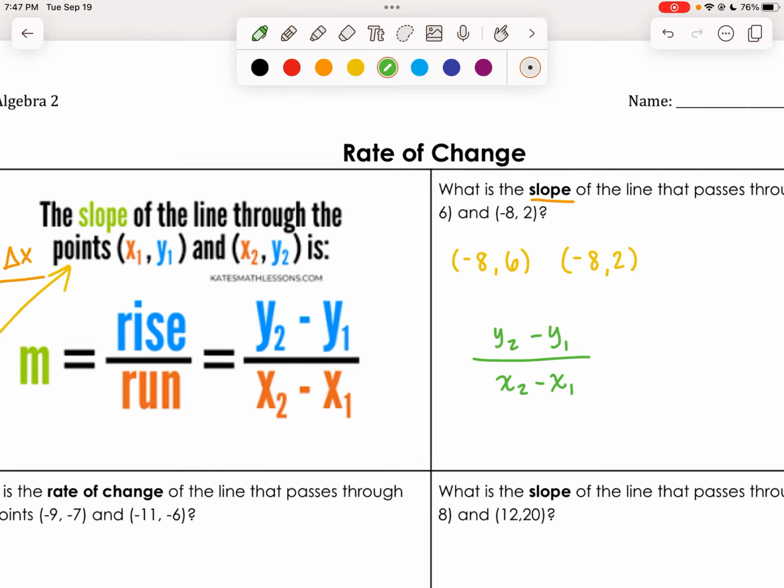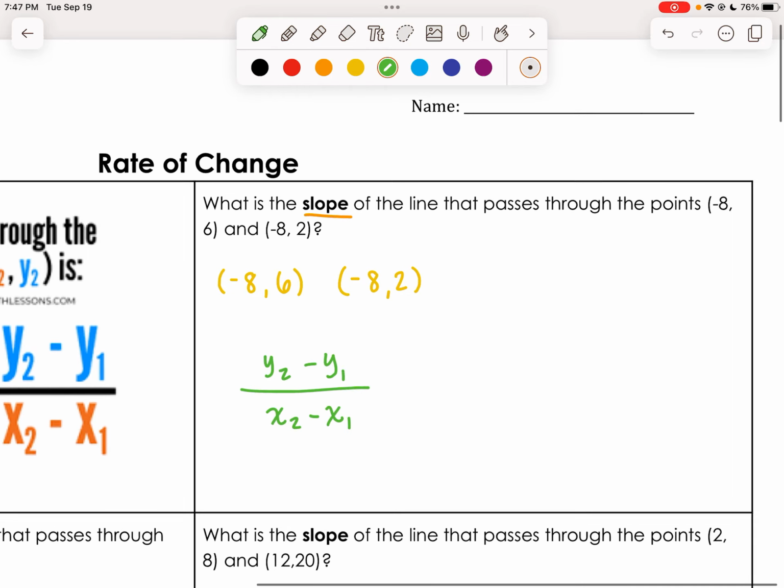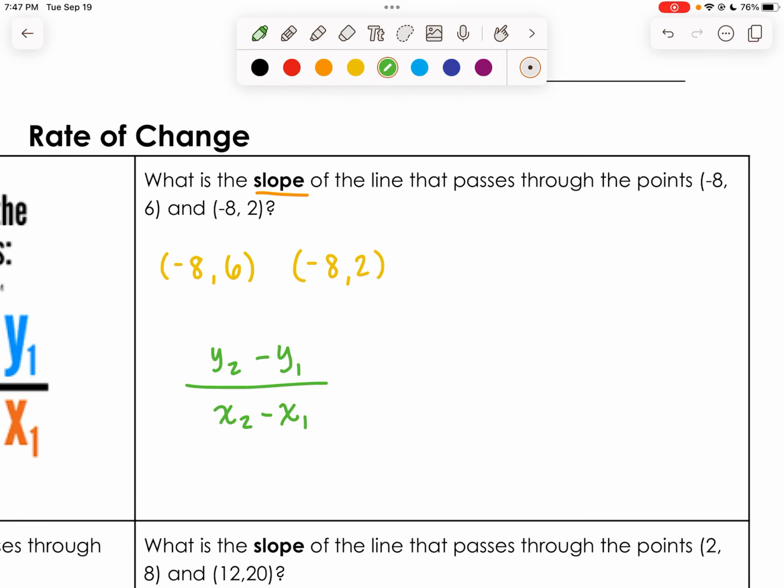We get that from our formula. We also know that's change in y over change in x. If it helps you, you can totally label your problems. I know these are both x and y. The first pair are 1s, the second pair are 2s. So now I can find what these numbers are and plug them into my equation.